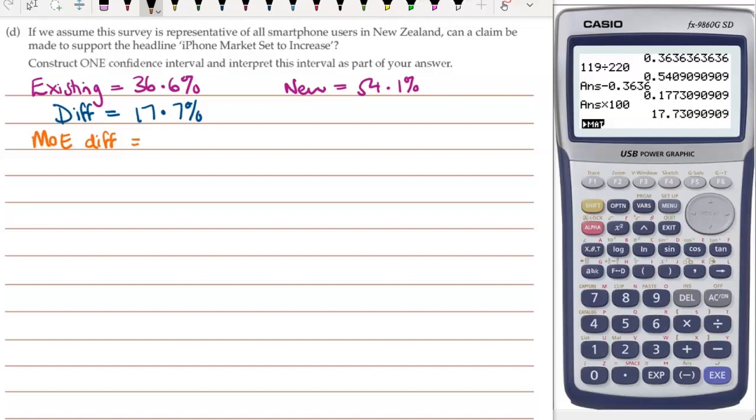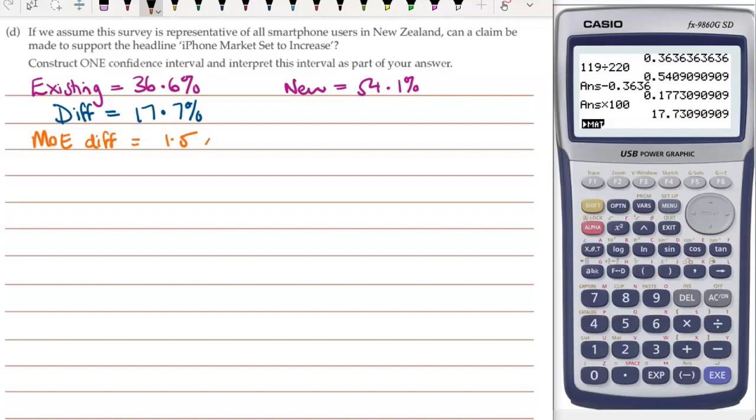Or rather, that's an assumption that we're making, because what we're doing here is assuming that the thing that they currently have doesn't influence what they choose to do next, which may not necessarily fit, but it's the closest thing in working out these margins of errors for this situation. We're not looking at the proportion from within one group. We're doing 2 distinct groups that we've classified this into.